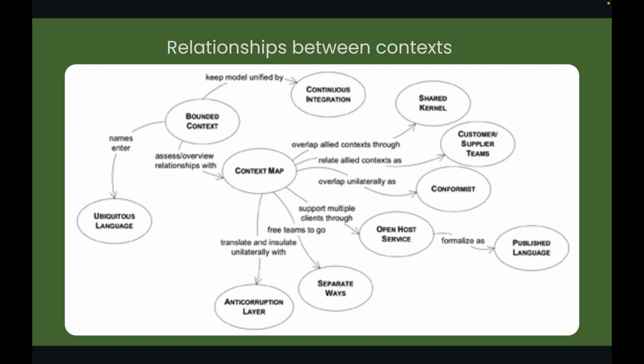Another example, which is also common when dealing with external systems or legacy systems, is using an anti-corruption layer. So create an isolating layer to provide clients with functionality in terms of their own domain model. In this case, it can be bidirectional.